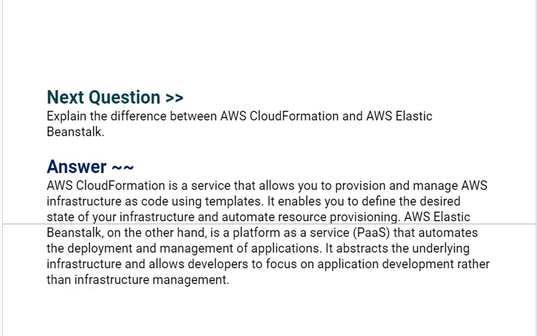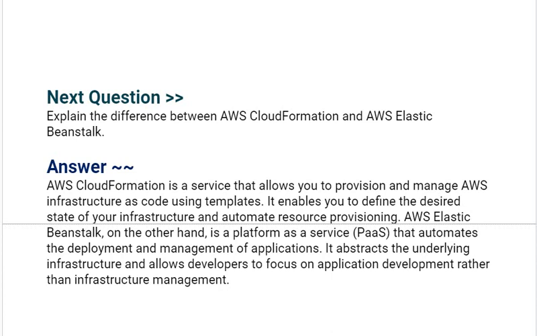Our next interview question is: explain the difference between AWS CloudFormation and AWS Elastic Beanstalk. Your answer should be: AWS CloudFormation is a service that allows you to provision and manage AWS infrastructure as code using templates.